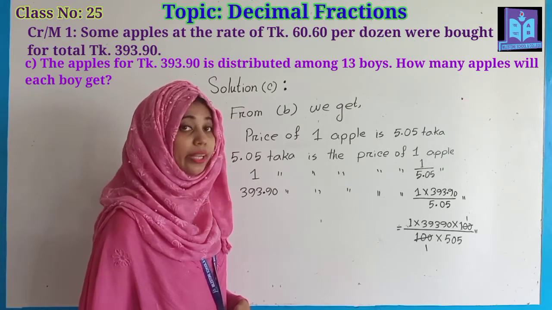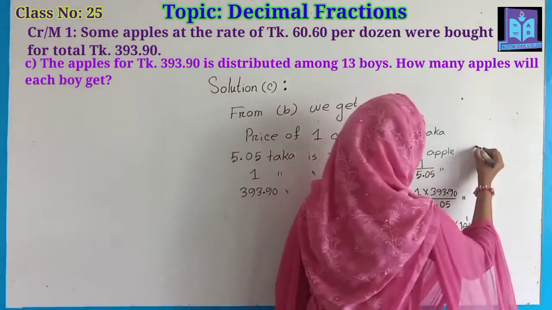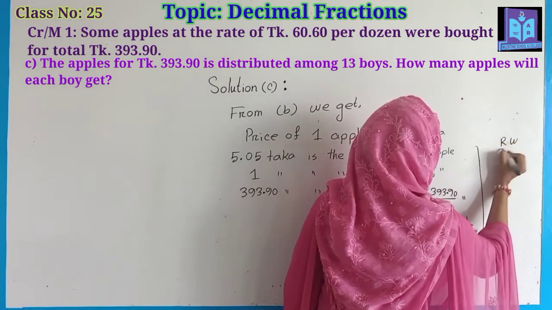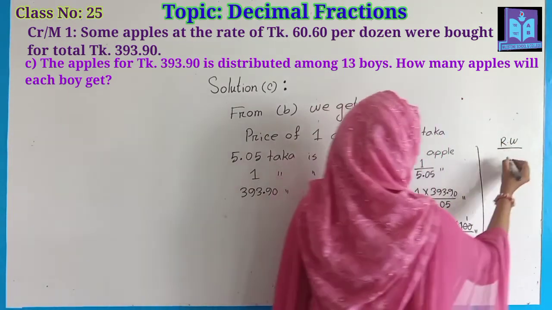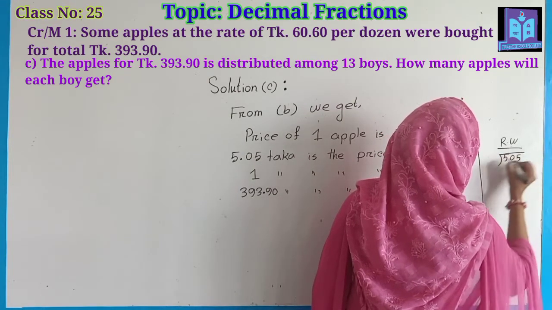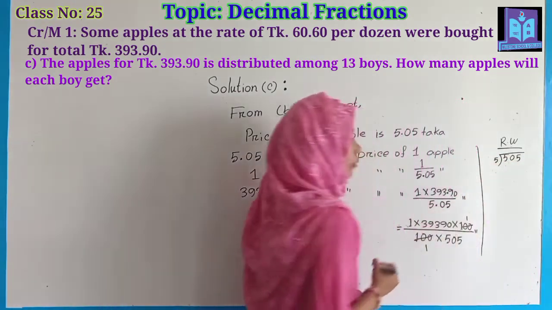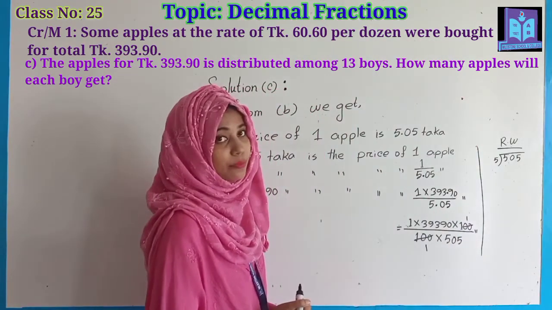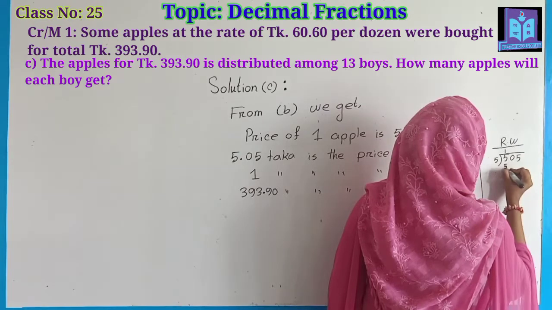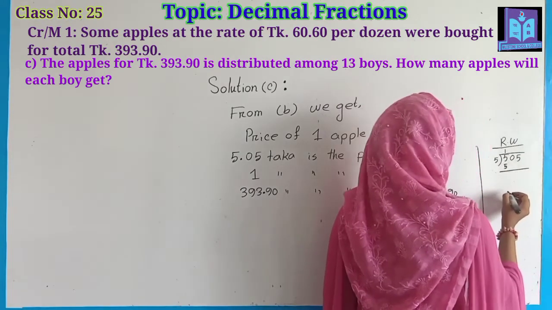That's why we are doing rough work. 505 divided by 5. Here we will count the times table of 5. 5 ones are 5. There is no left.